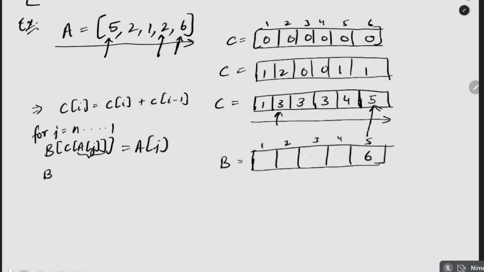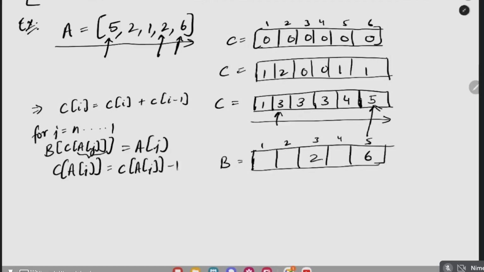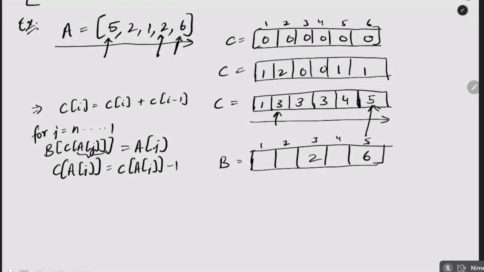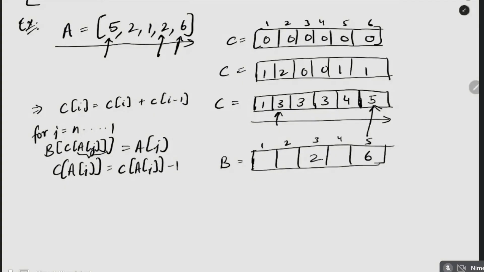So it goes here, and then we decrement the counter for this, so that the next time we encounter the same element or the element with the same value, we put it at an index lower than that, so there is no conflict of the index, right?